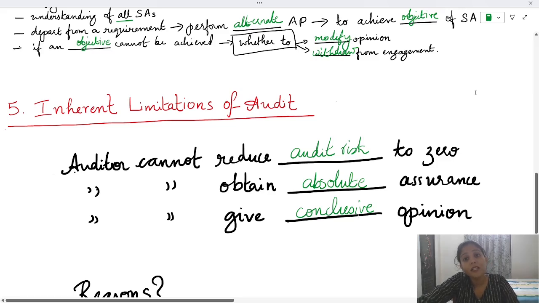There is a chance that the FS is misstated and you didn't trace it. There is always at least a 1% chance. So you can't say that because you're auditing, the risk is going to be zero. No, it can't be that.